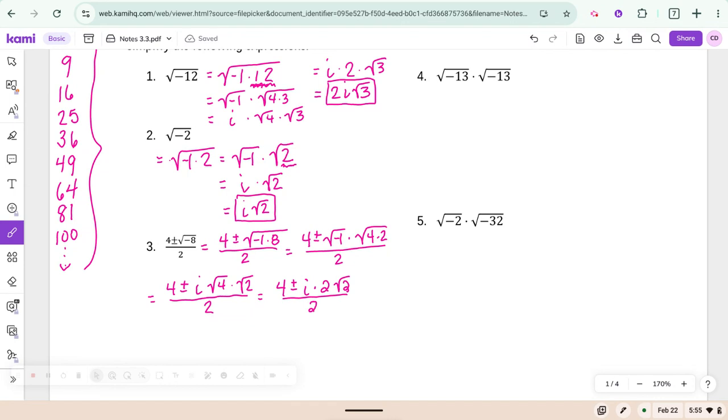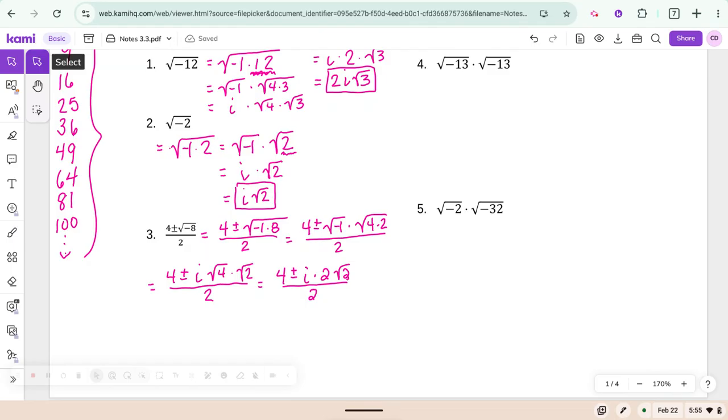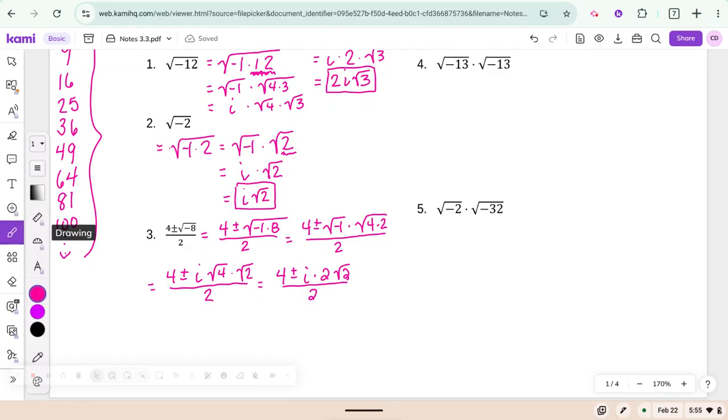Now I can separate this into 4 over 2 plus or minus i times 2 square root of 2 over 2. Of course, this first part, 4 divided by 2 is just 2, plus or minus.